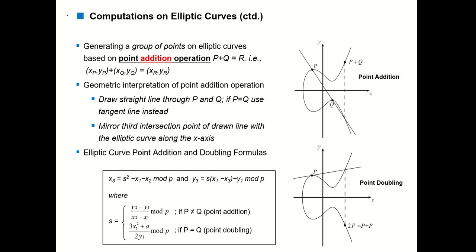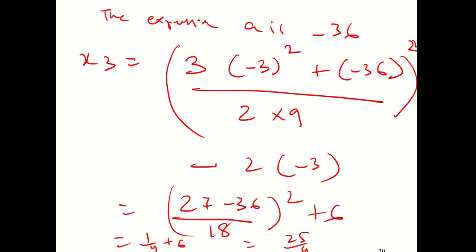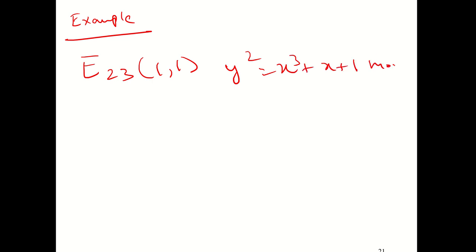Say we have the question as E23(1, 1), y square is equal to x cube plus x plus 1 mod 23.